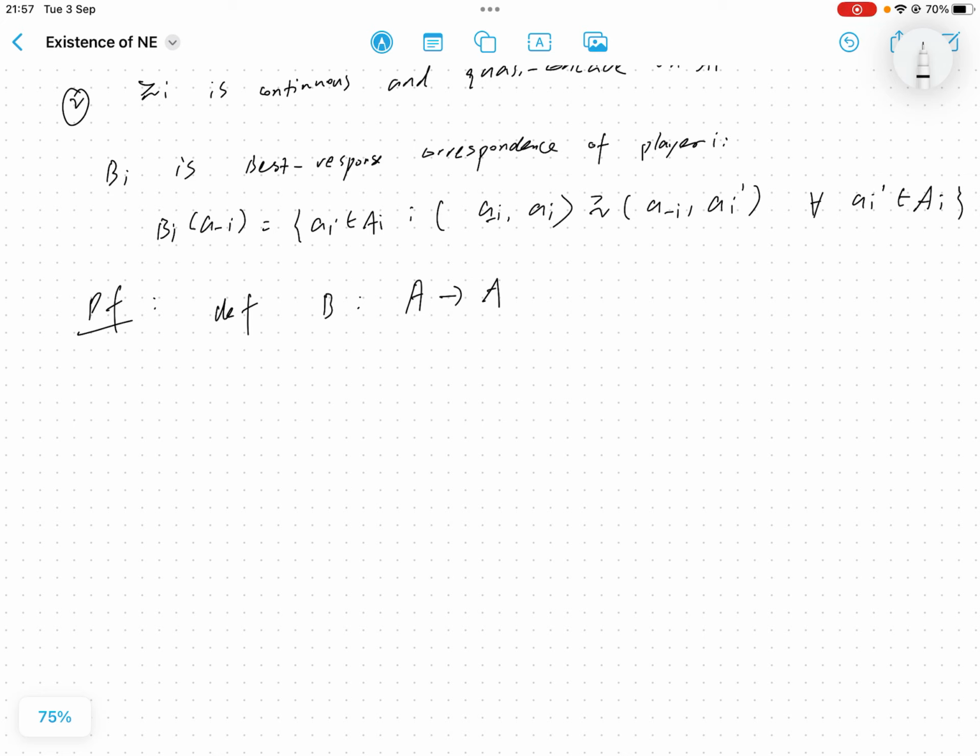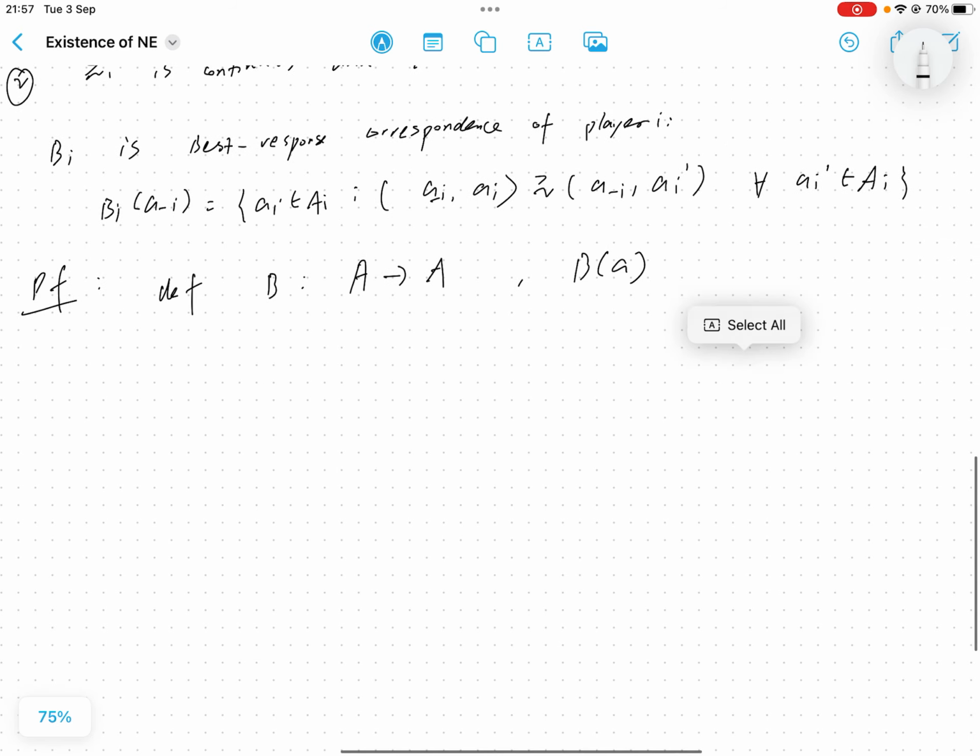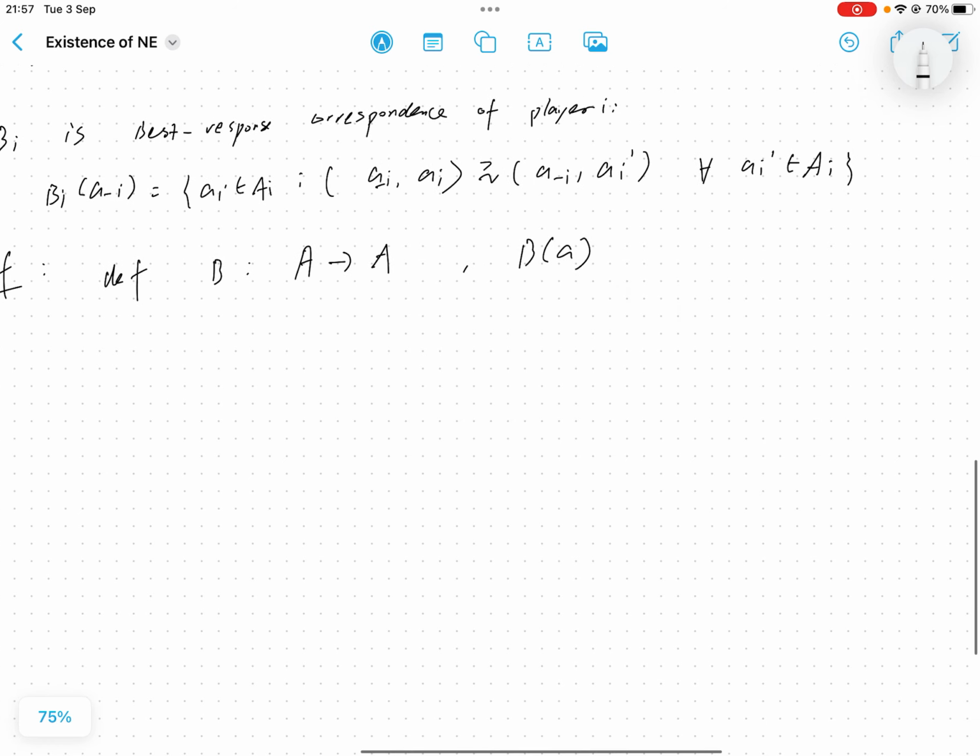So B(a), with some typical element a from the space A, is just the Cartesian product for the i's from N of B_i given a_{-i}, right?